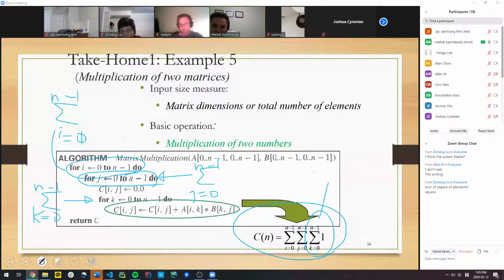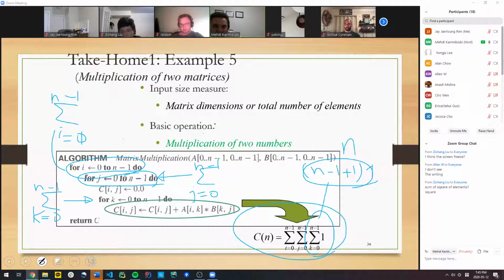So that's n minus 1 plus 1 times 1. So that's going to be n, right? So the result of the first sigma is n. So we have 2 sigmas now, n, sigma from 0 to n minus 1, sigma from 0 to n minus 1.